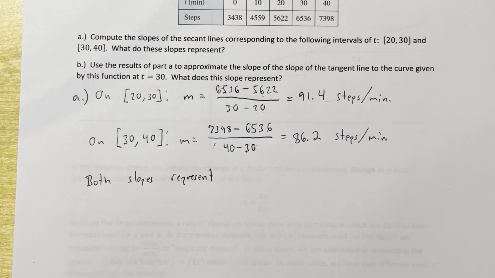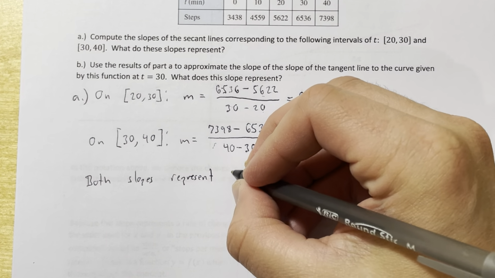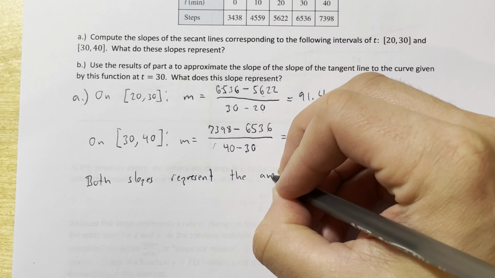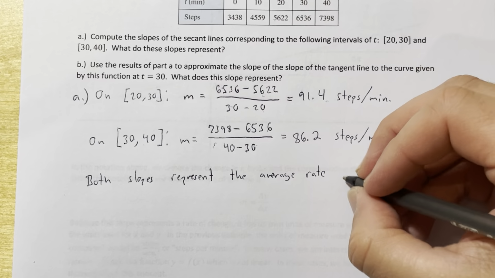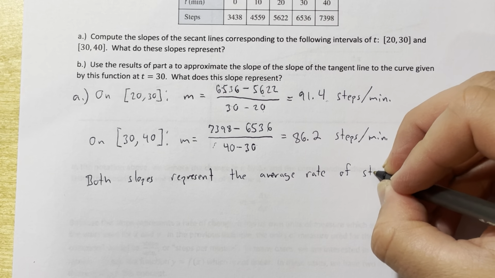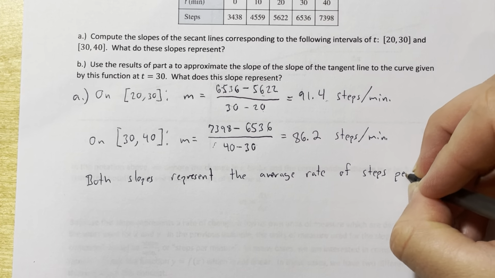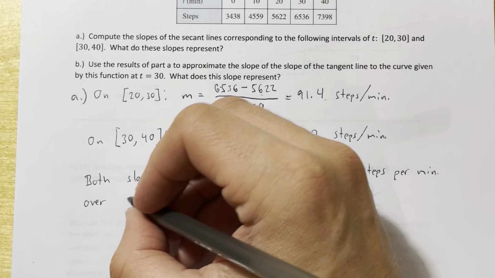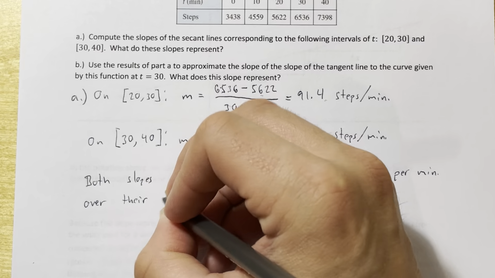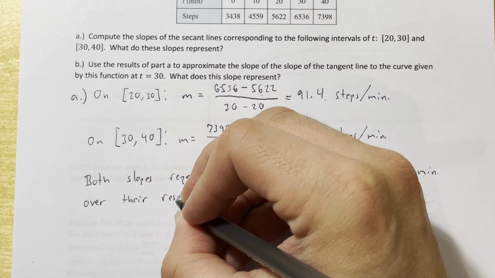So we need to make sure we're using that term, average rate of change. Both slopes represent the average rate of steps per minute over their respective intervals.